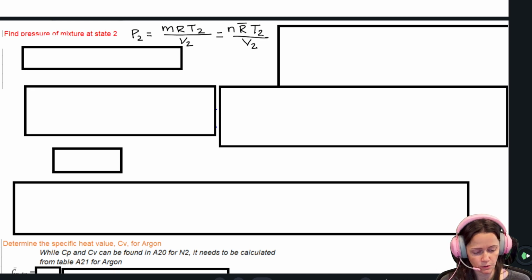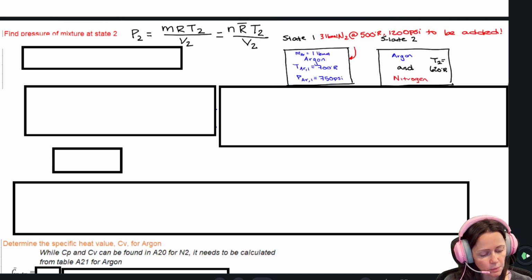R bar is my universal gas constant. T2 was given to me as 620 degrees Rankine, and then V2 is question mark. I don't know that. However, I kind of remember what was going on here. Remember, we started off with just argon in the tank, and then we added nitrogen and allowed everything to come to equilibrium.